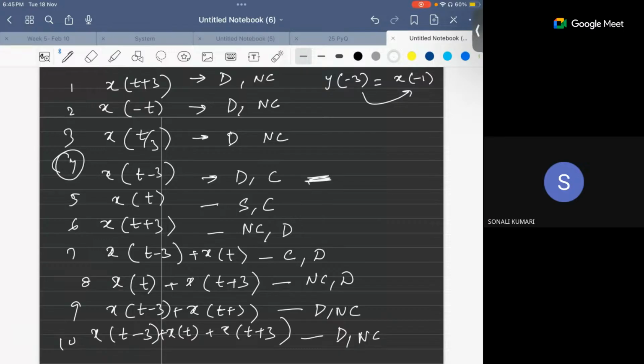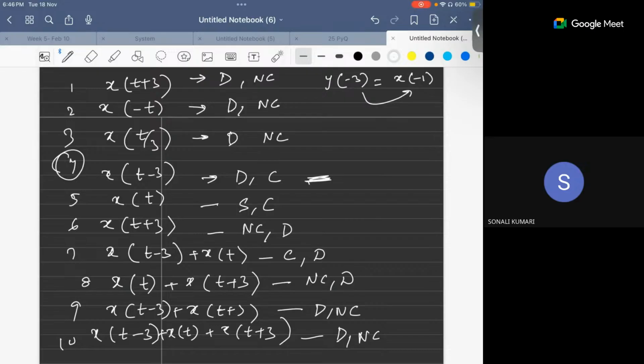Yeah, but we can't conclude, because even one exception means we can't conclude. But it's simple to remember: dynamic means some storage is needed, so anything past, present, or future that comes will be dynamic. But for non-causal, you just need future things. That is how you can remember. Yes, sir. Understood. Thank you, sir.